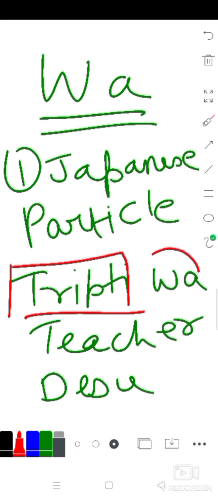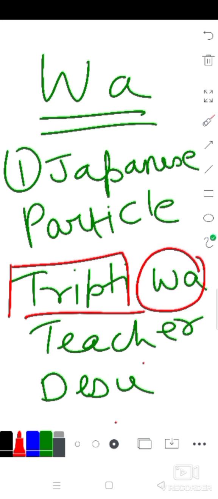So the va particle we use to make a topic marker. The focus will go to Tripti, because it's a topic marker. We are going to have a discussion about Tripti.